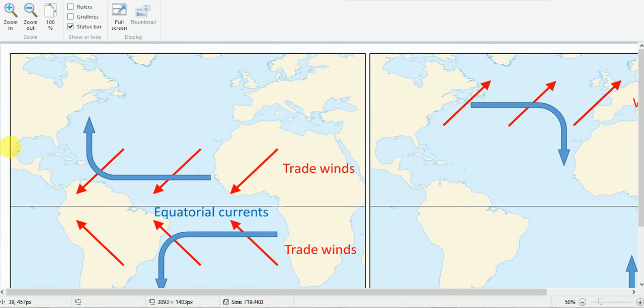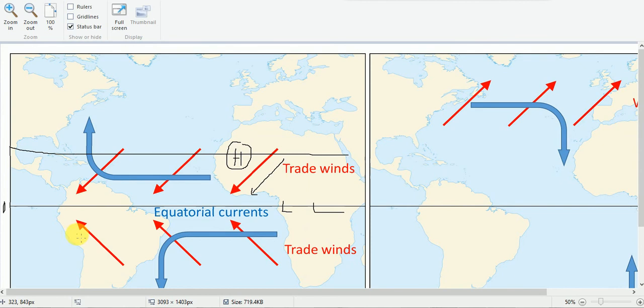Somewhere here we have this 30-degree north, and from the 30-degree north these trade winds are blowing towards the equator. This is the equator. Here we have low pressure and here we have high pressure. So from the 30-degree north, trade winds are blowing, and these trade winds are known as northeast trades.